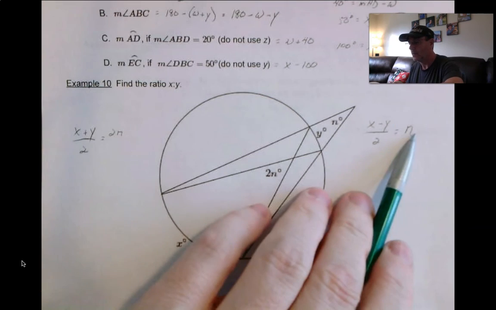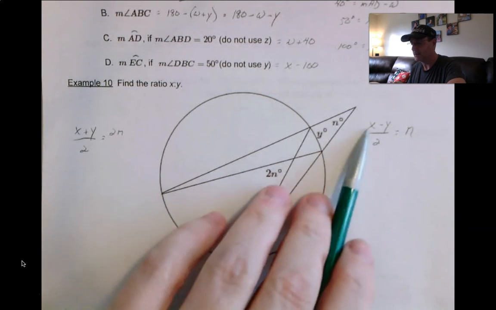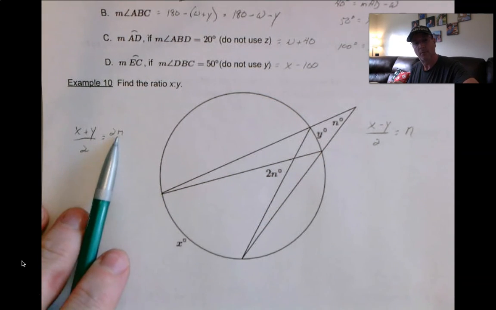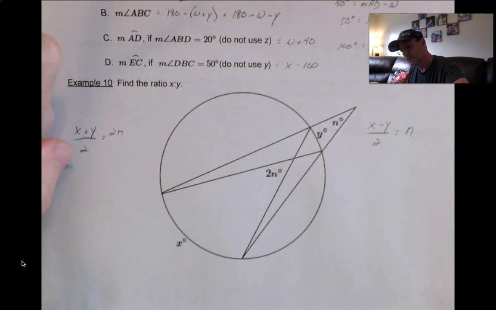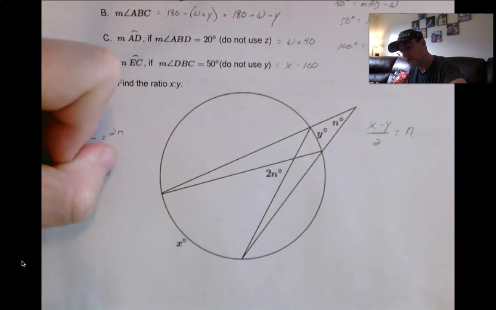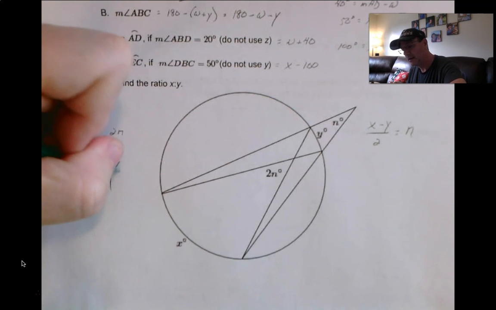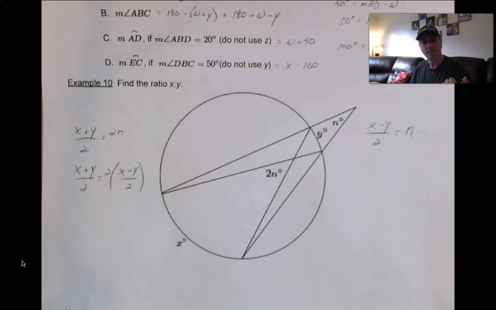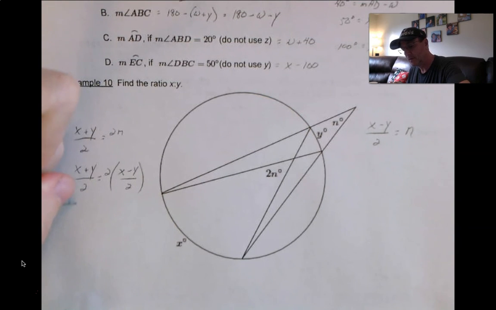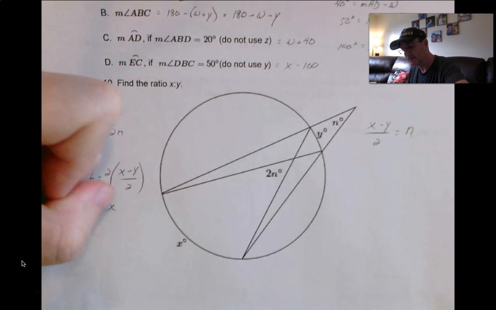Well, I know what n is. It's x minus y divided by 2. I'm going to plug that in here. So I have x plus y divided by 2 equals 2 times x minus y divided by 2. 2's cancel. X plus y divided by 2 equals x minus y.